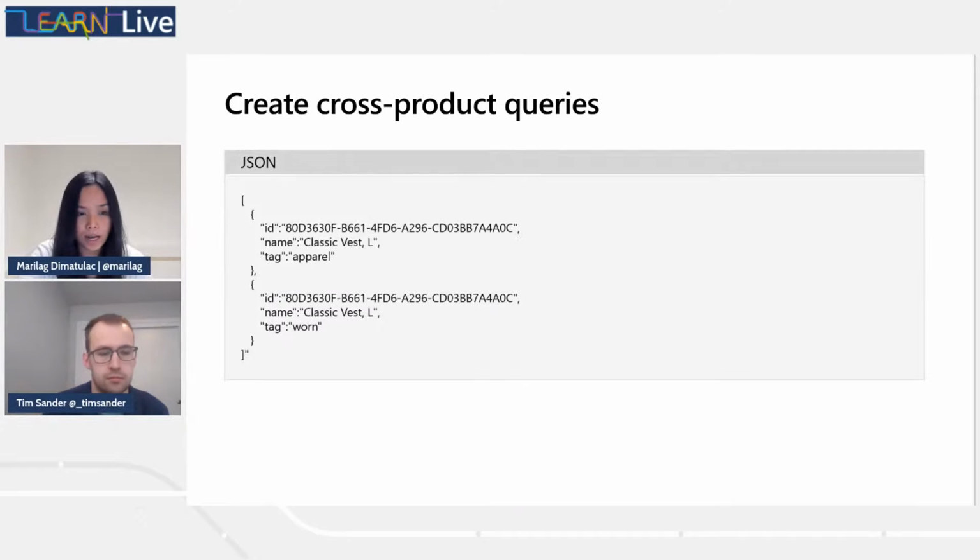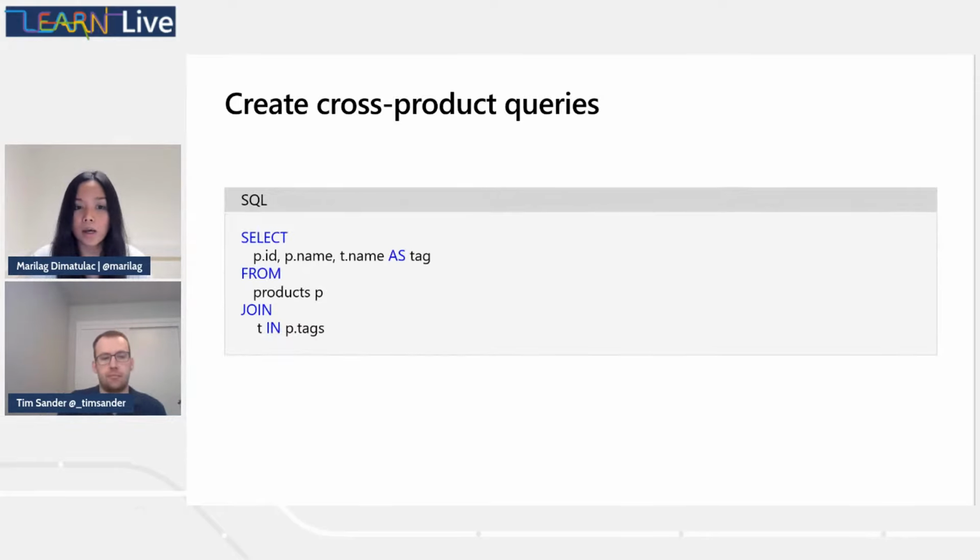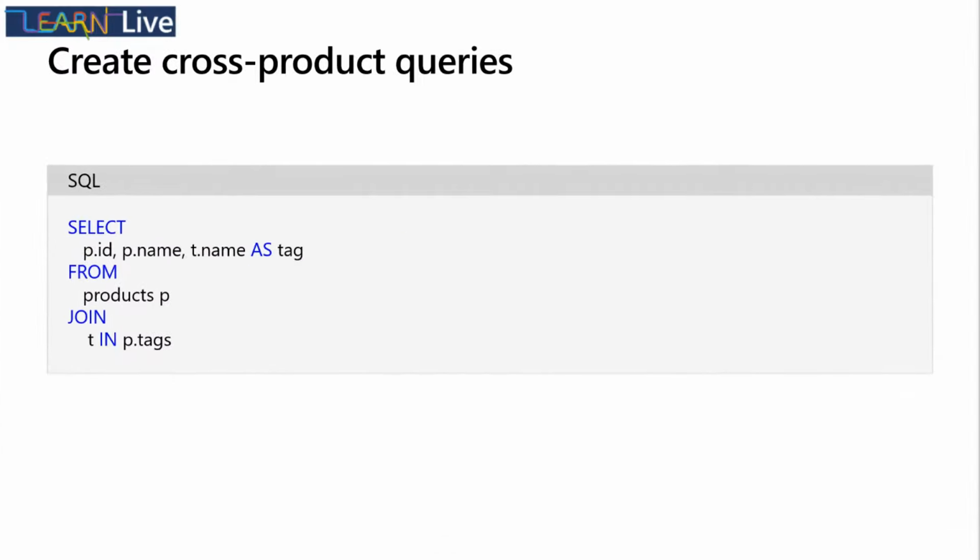So how do you actually get to this result where the value of the tag, which is apparel worn, is named as tag, and the name of the product still stays as name? This is a typical query structure for a select statement. It's very similar to your select-from statement, but in order to do cross-product queries, you use the join.